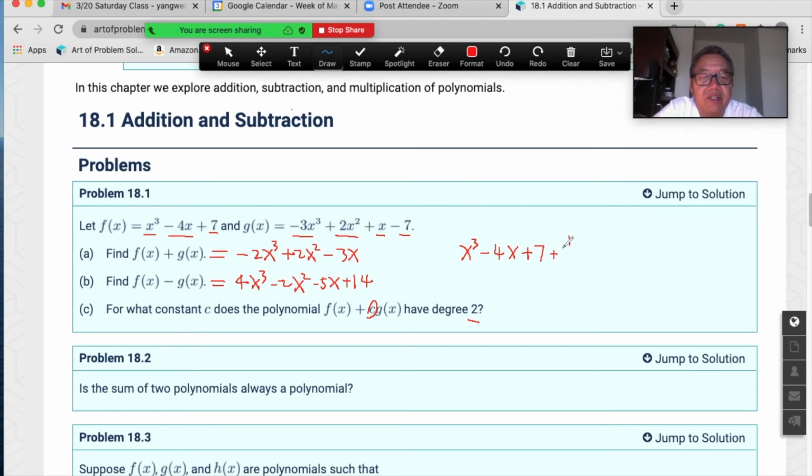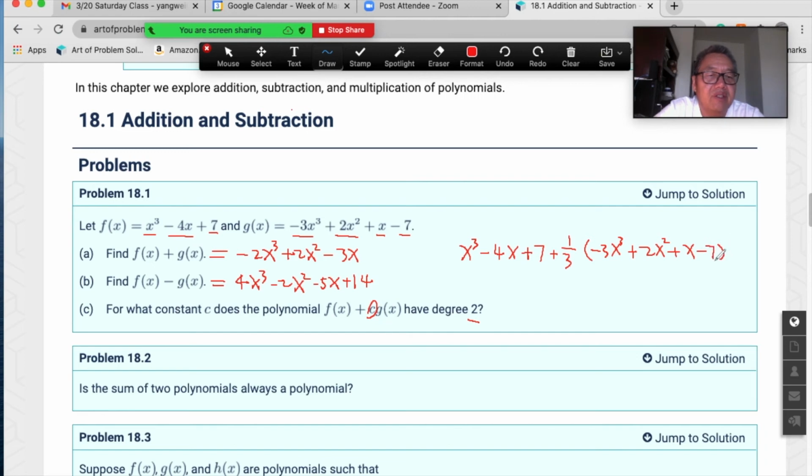Right. You use 1/3 times g(x). This way, you cancel out the leading term. Then the degree of these functions will lower. The leading term will be x squared.